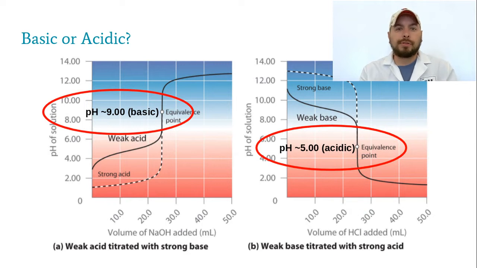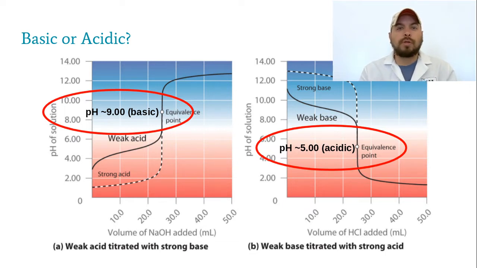The second major difference between a weak strong titration and a strong titration is where the equivalence point is found. For a strong acid, strong base titration, because the conjugate is negligible, the pH at the equivalence point is neutral, 7. However, with a weak acid, strong base, or a weak base, strong acid, we are creating a weak conjugate of the original species. This means at the equivalence point, what we have present is actually the conjugate of what we started with.